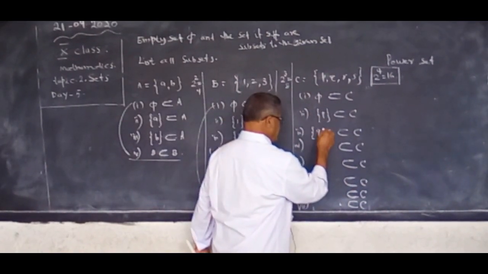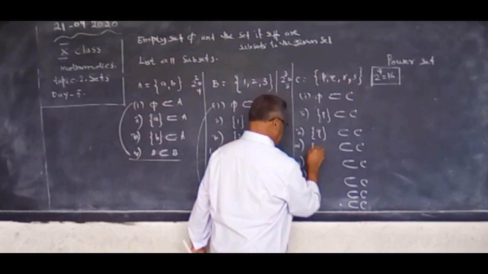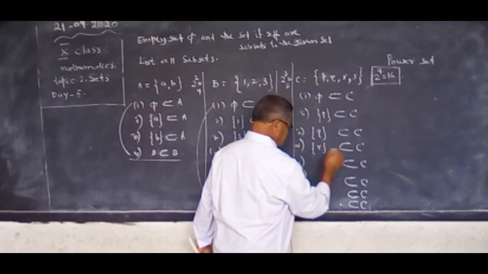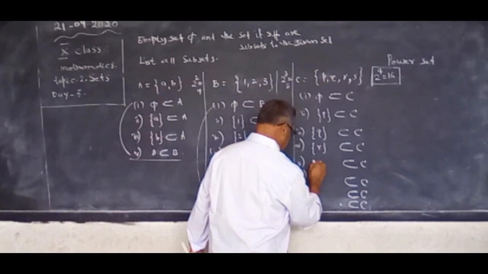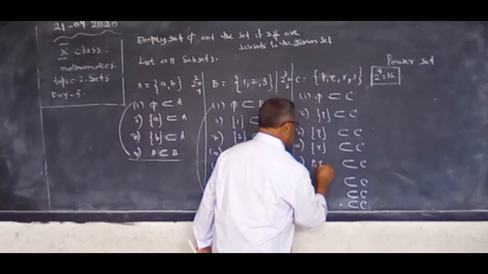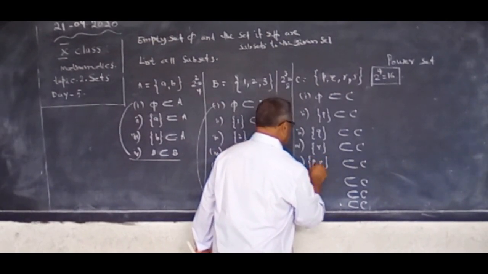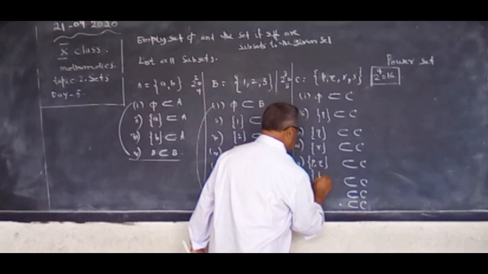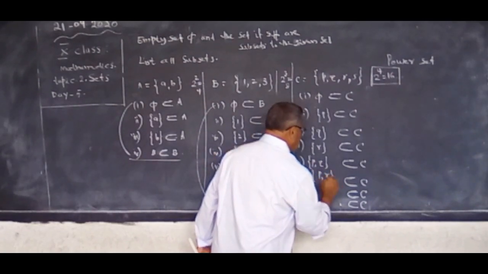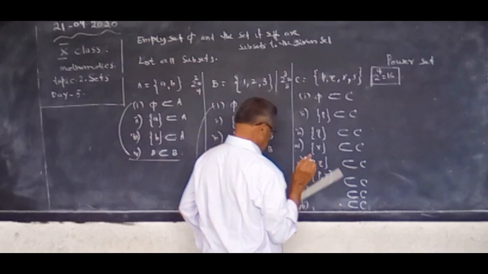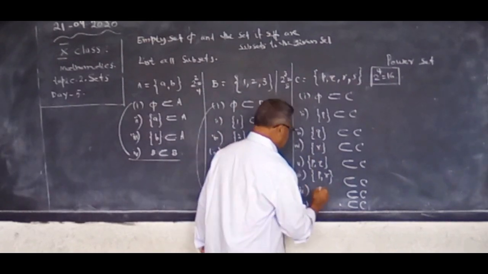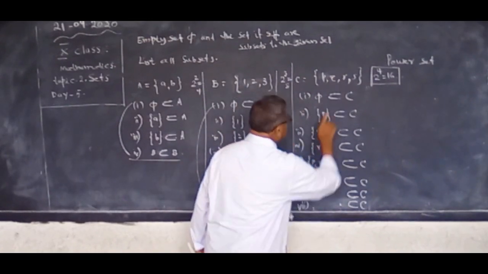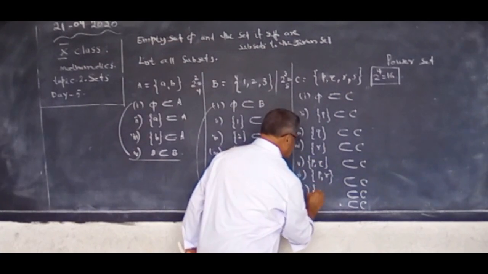Single, one element: P, Q, R. For two elements: P comma Q. Next, P comma R. So with P, next Q, Q R, and we can also write P S. S is also there.